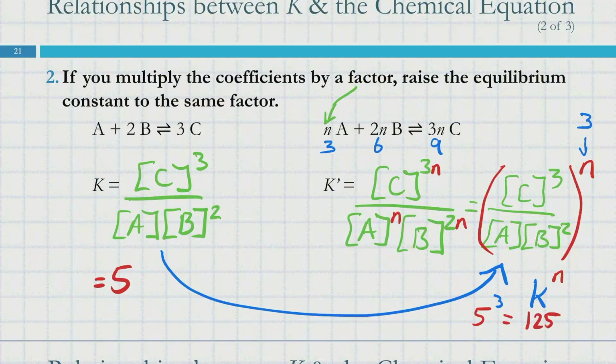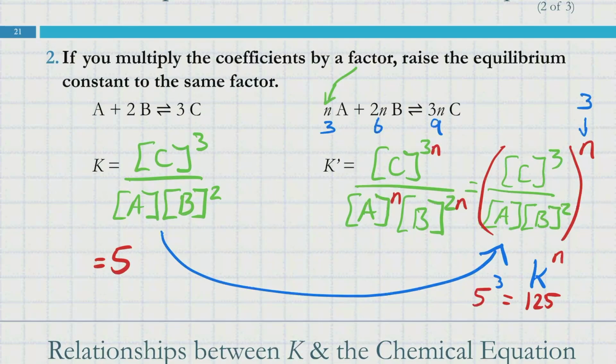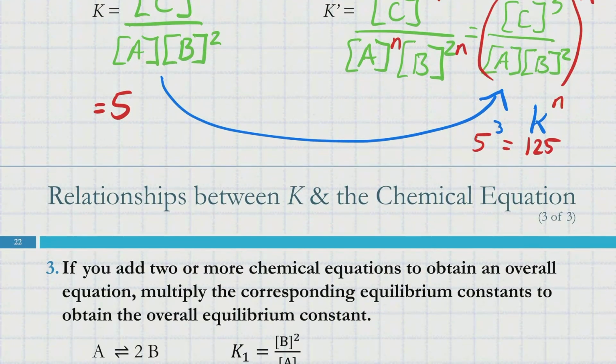So it would be 125. All right, 2 rules down, 1 to go.